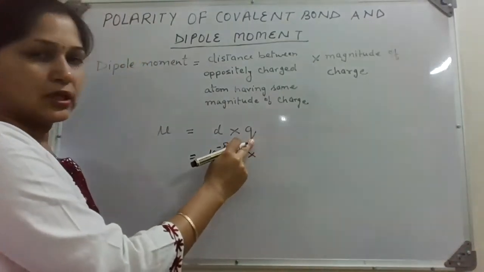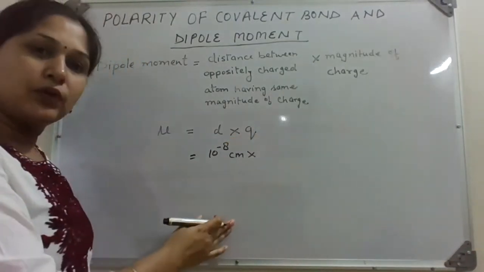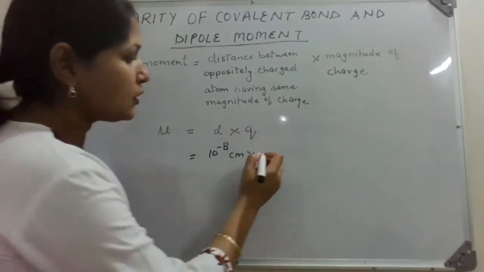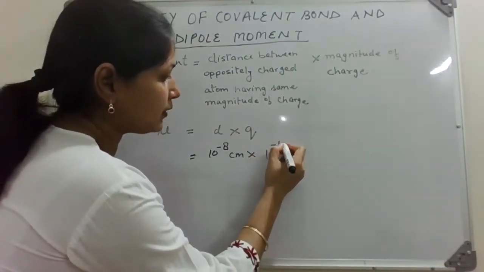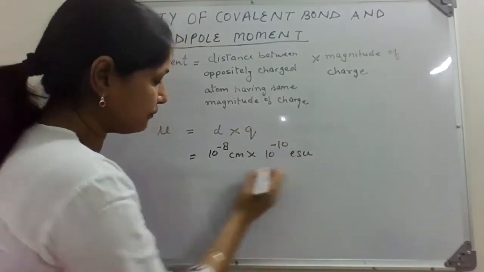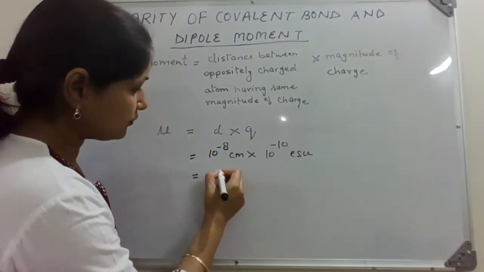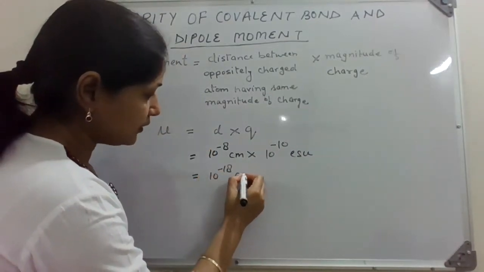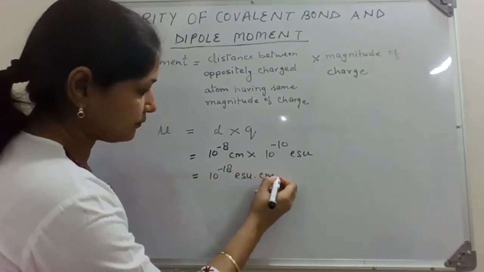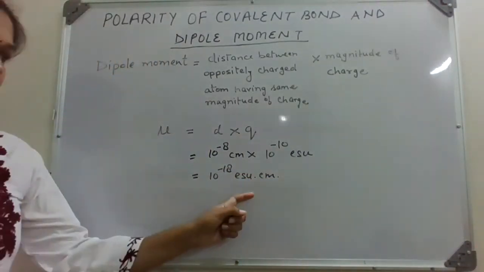And this charge, if we express it in ESU, electrostatic unit, is of the order of 10 to the power minus 10 ESU. So dipole moment is of the order of 10 to the power minus 18 ESU centimeter. It is in CGS unit.